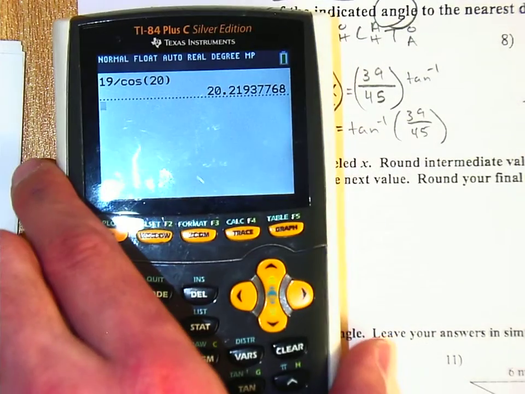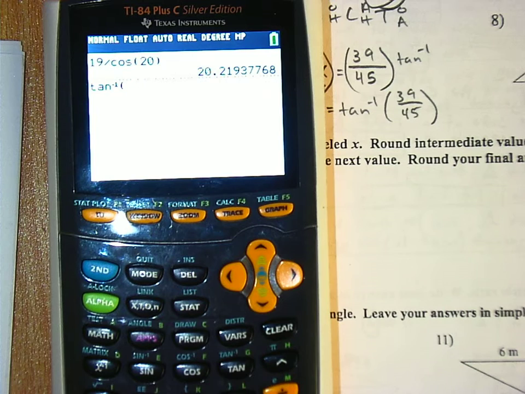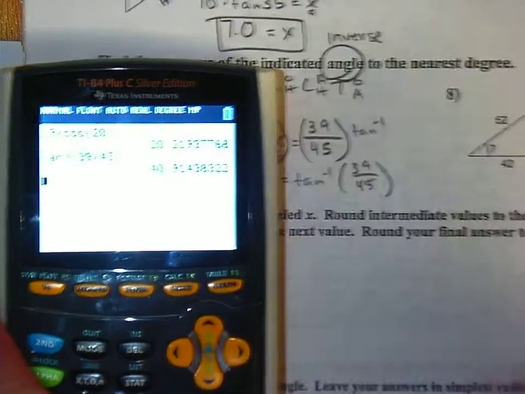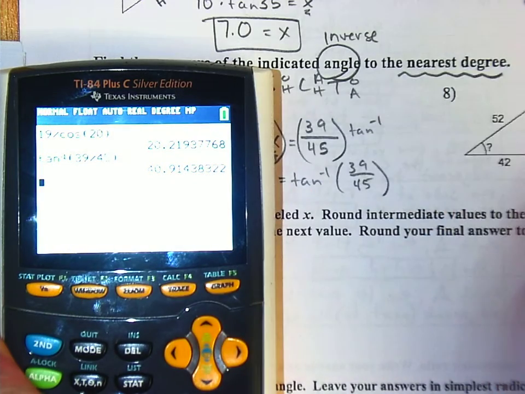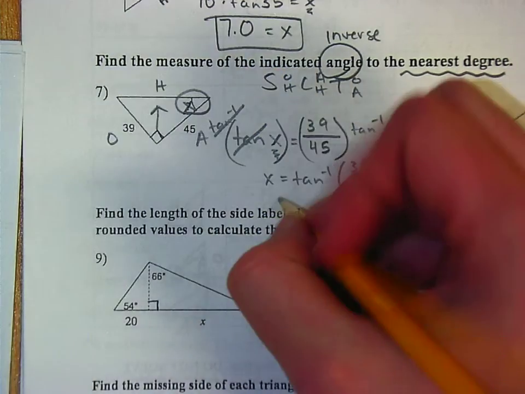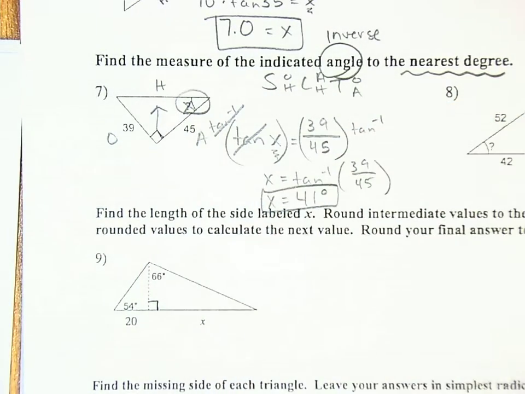So we take our calculator and hit second tangent, 39 divided by 45. And we get 40.9. They want us to round to the nearest degree. So our angle is 41. 41 degrees, that is.